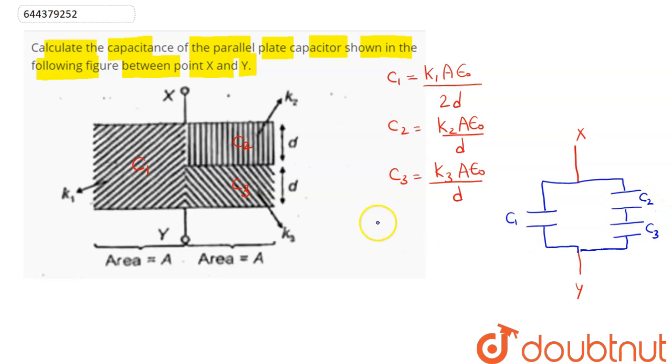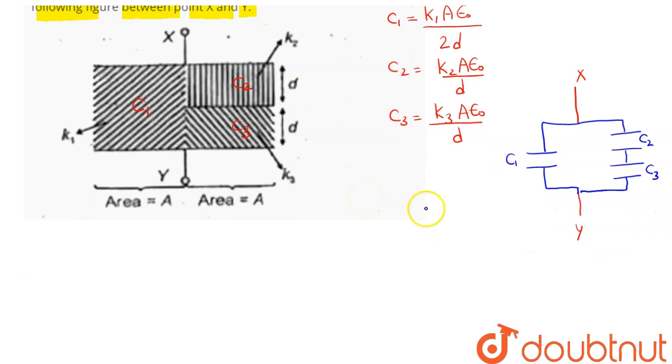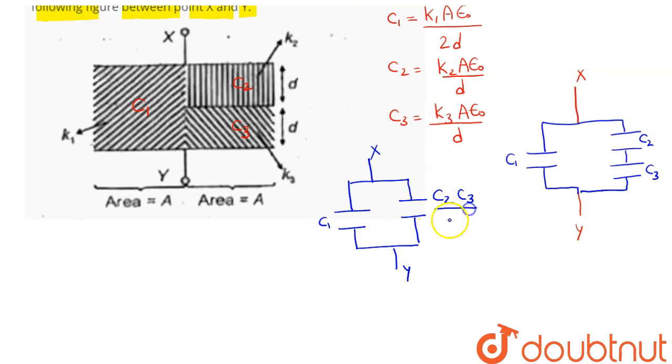So the equivalent capacitance can be redrawn as this C1, and the equivalent of C2 and C3, which are in series to each other, comes as C2 into C3 divided by C2 plus C3.